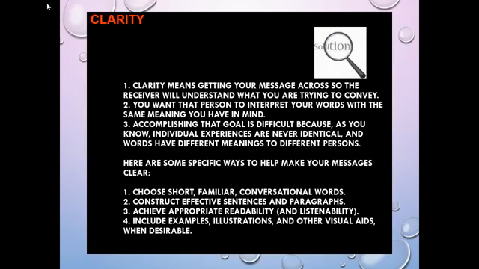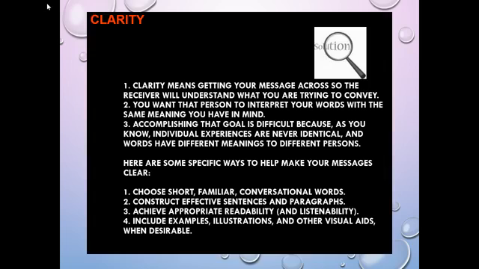Clarity. Make your ideas clear. Clarity means getting your message across so the receiver will understand what you are trying to convey. You want that person to interpret your words with the same meaning which you have in your mind. But there is not a single word in any language in this world which might help you to do so.